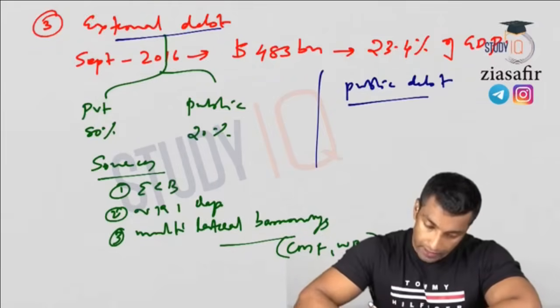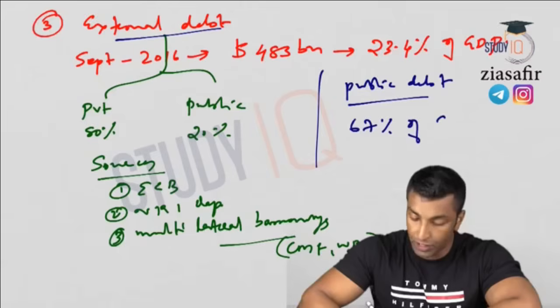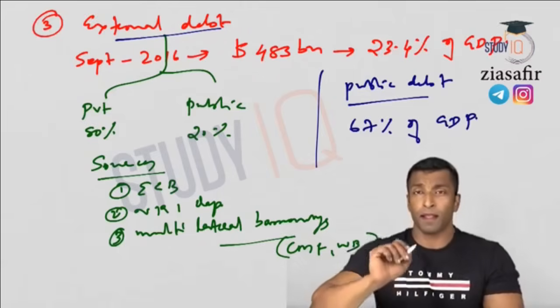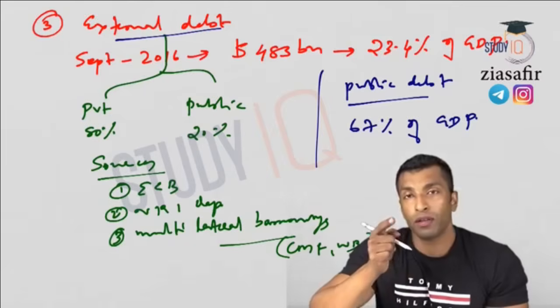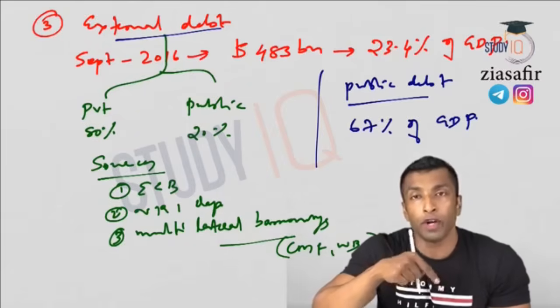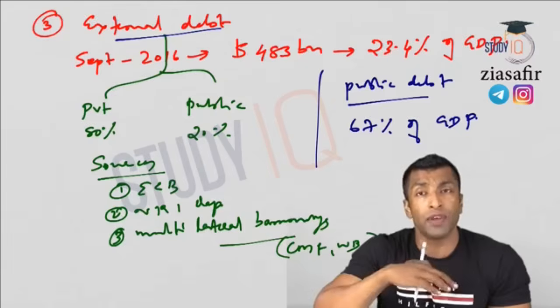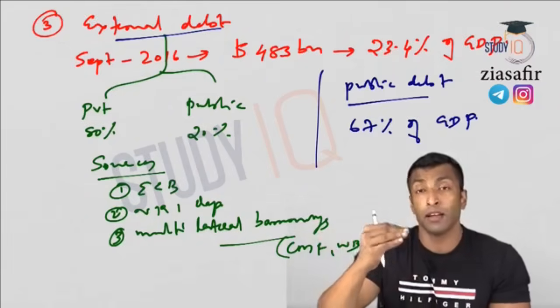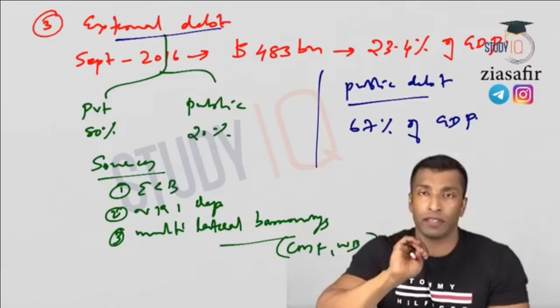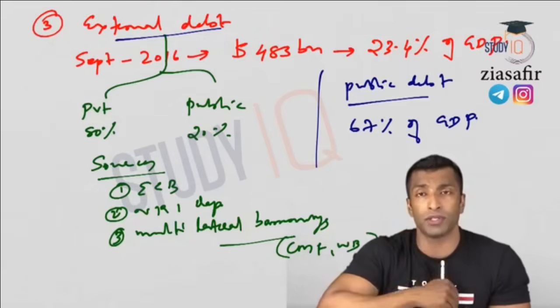Actually, public debt is more. It is around 67% of GDP. The reason is the public debt involves the debt of government from domestic sources also, and that is very huge, okay? So that will also be added, and external debt from the government side will be added, not the private side. So that is why it is around 67% of GDP.